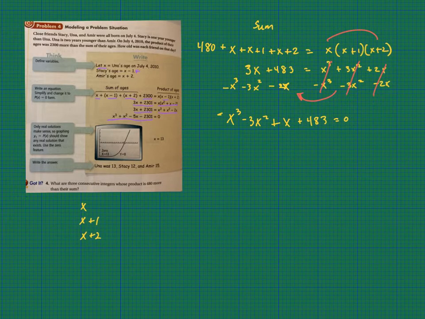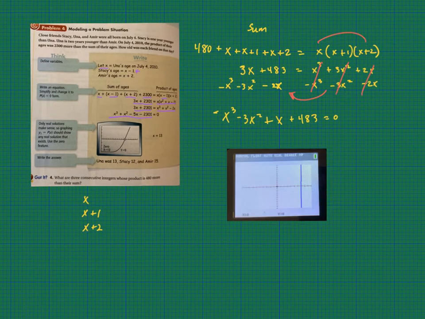And in doing so, we can put that into the calculator, and we should end up getting the same solution. I'll zoom in with my picture. As you can see, I've put this in standard form and placed it in the graph, and we see that it seems to be crossing over 1, 2, 3, 4, 5, 6, 7. x equals 7.